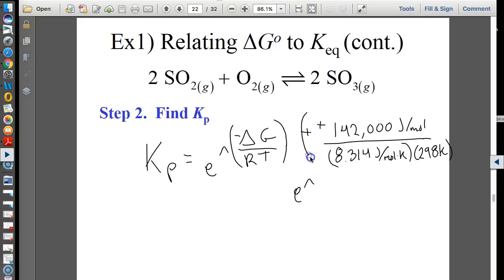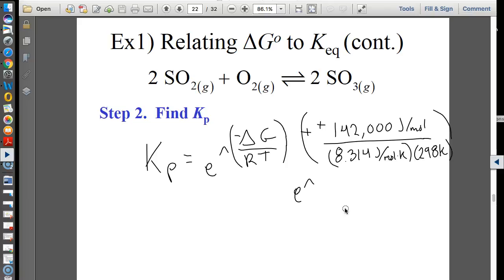This is really a test of can you use your calculator. Let me tell you the fastest thing to do. You don't want to hit E to the parentheses. No, don't do that. Look at me, I screw up stuff all the time. So in your calculator, go 142,000, and it's positive because we worked that out already. Divided by parentheses 8.314 times 298.